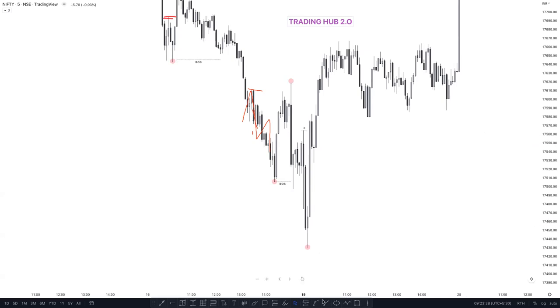Actually, if you can see here, this is a pullback, like a valid pullback is here. And if you know, a valid pullback is identified in a bearish market when a candlestick breaks the previous candle high, that's called a valid pullback. In a bullish market, when a candle breaks the previous candle low.